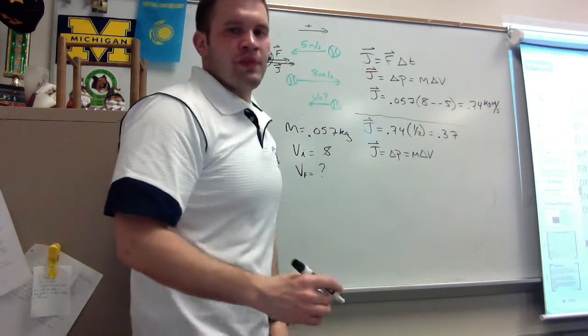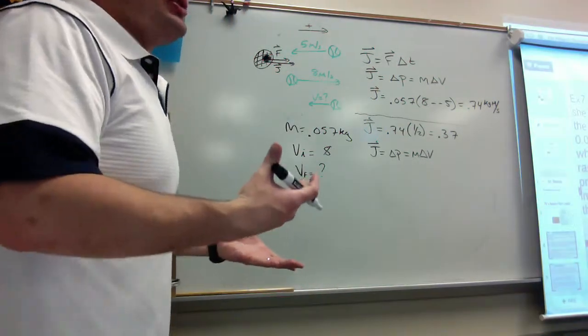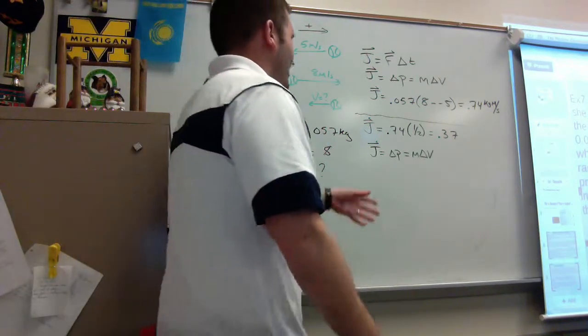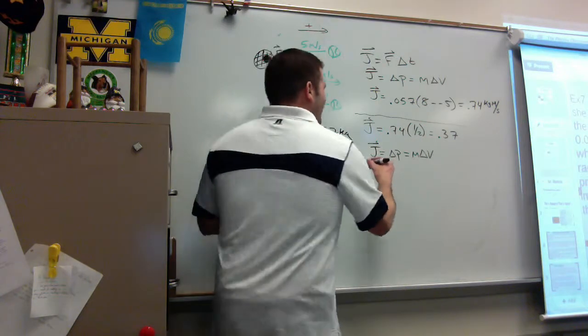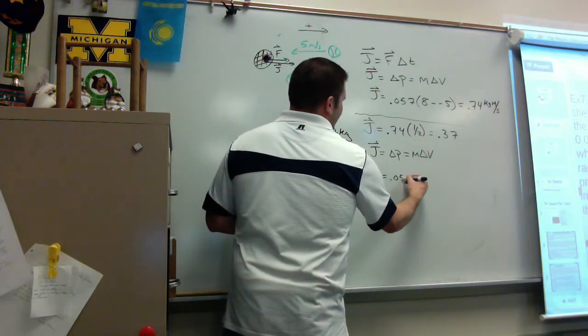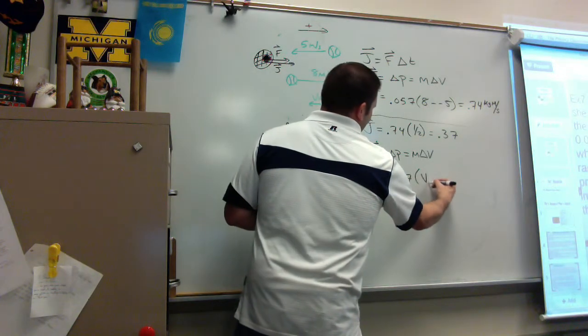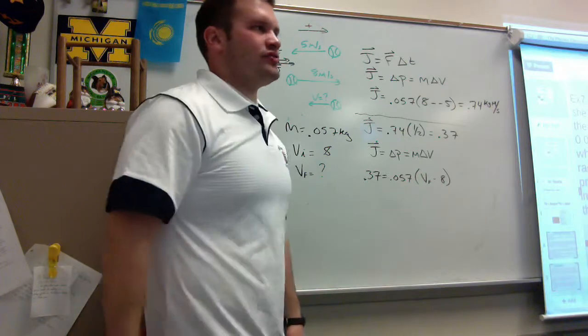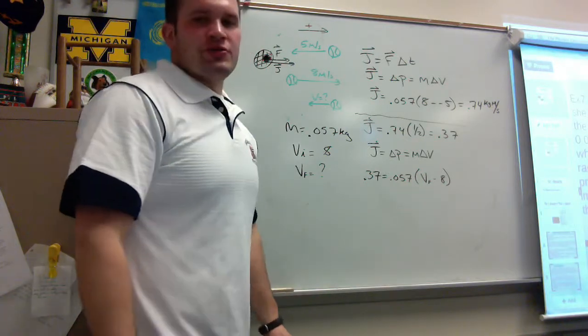we don't know. So Kevin, what do you mean we don't have enough information? I just saw that part. Okay, you forgot about the half part? Yeah. Okay. So we got 0.37 equals 0.057 times V final minus 8. This changes final minus initial, right? So what should we do now?